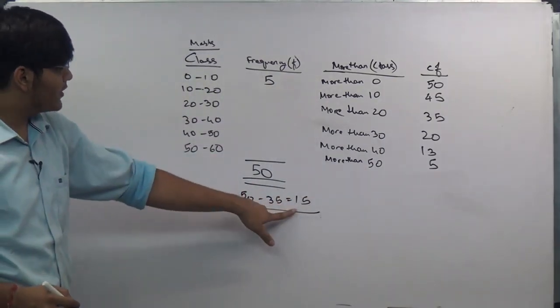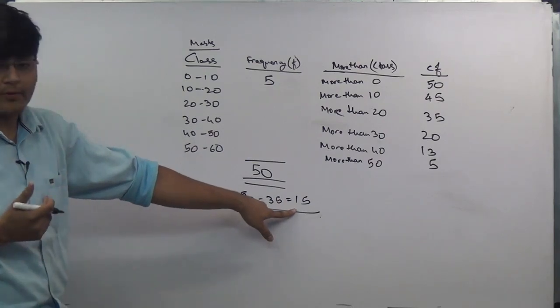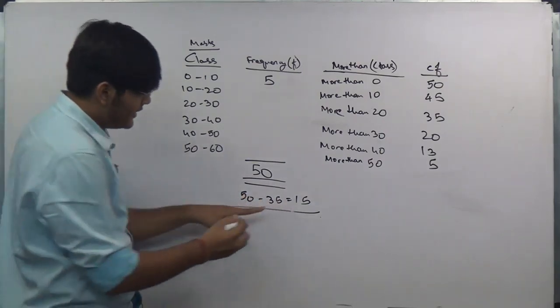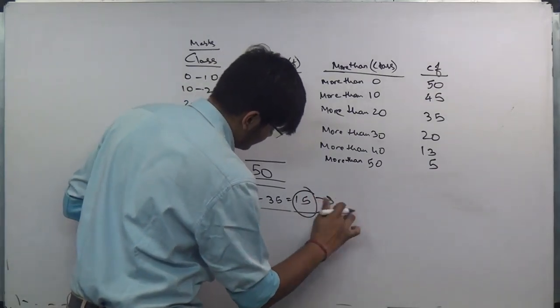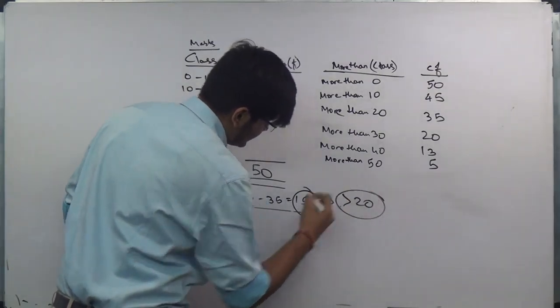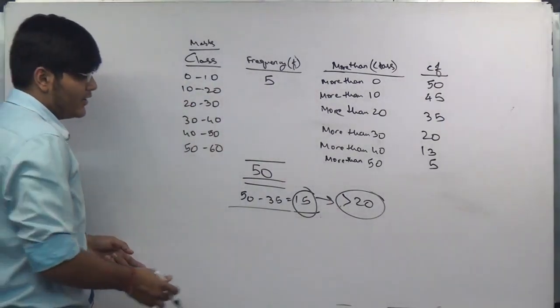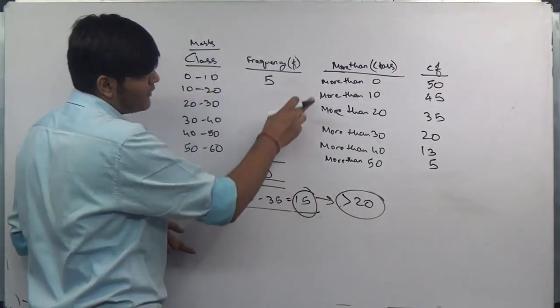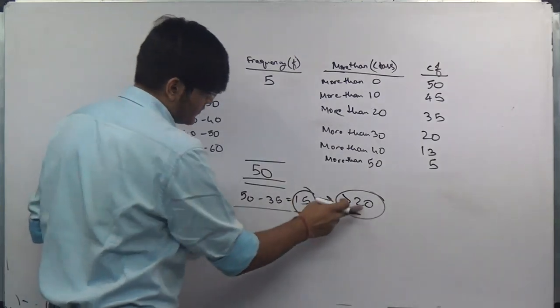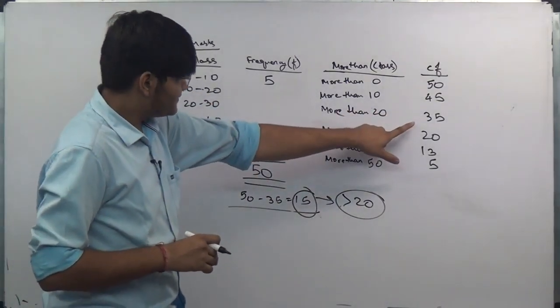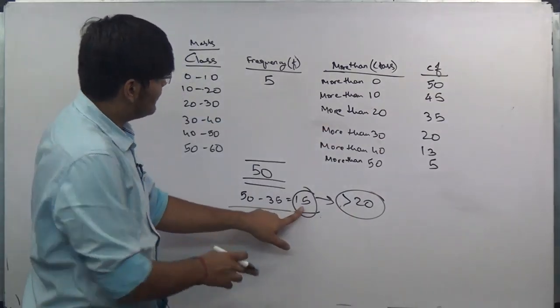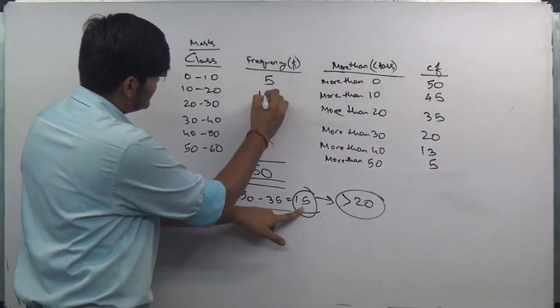Now 15 is the people who have scored below 20. Now we have to reduce people who have scored below 10. We see 15. Now 15 is to be reduced by 5, gives us 10.